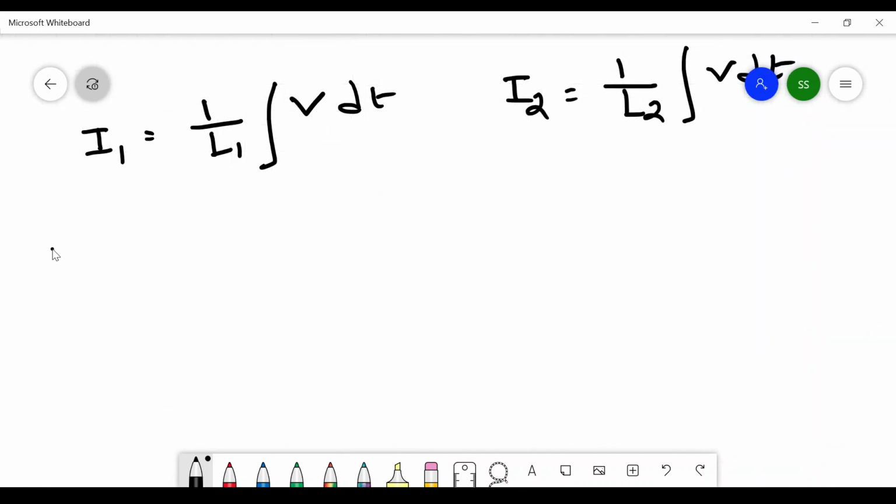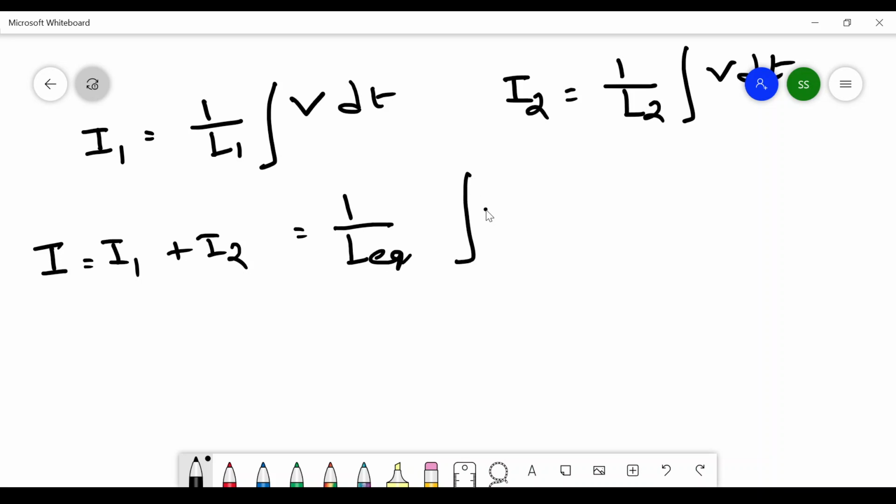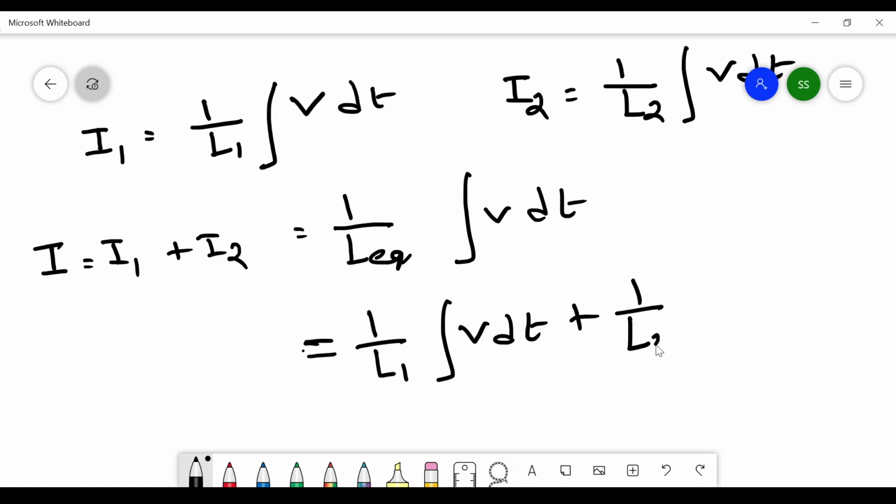So the equivalent current will be I equals I1 plus I2, which I can write as 1 by L equivalent integration of V dt, or as 1 by L1 integration of V dt plus 1 by L2 integration of V dt.